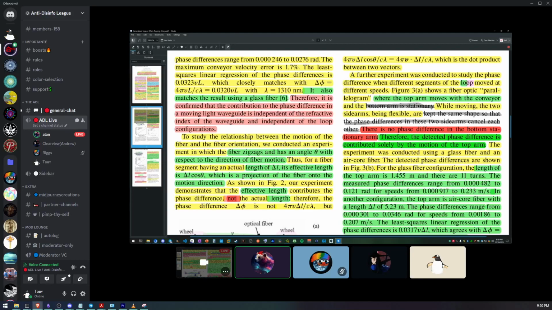Therefore, it is confirmed that the contributions to the phase difference in the moving light waveguide is independent of the refractive index of the waveguide and independent of the loop configurations. So it doesn't matter if the loop's in a circle, if it's in a line, if it's upside down, if Tarzan's swinging from it, it doesn't matter. If it's moving, it's detecting motion to the first order.